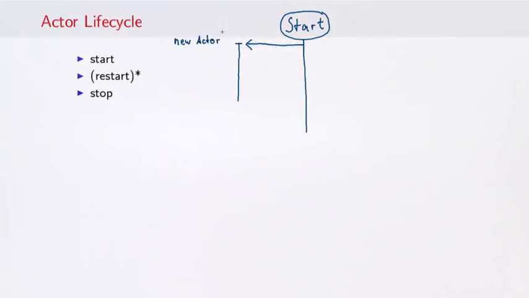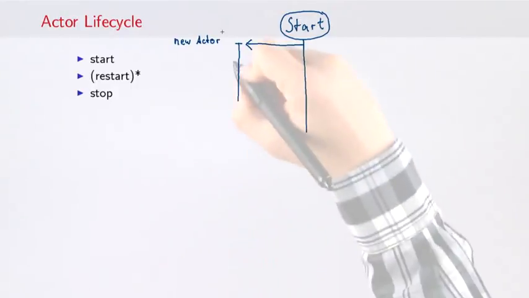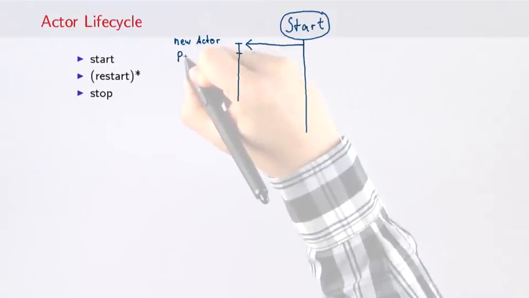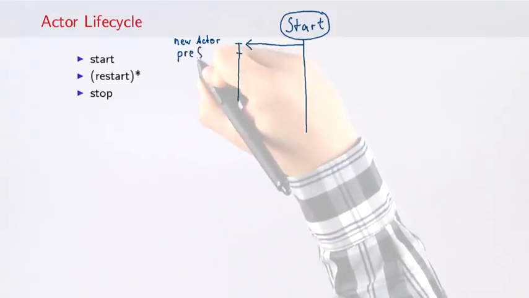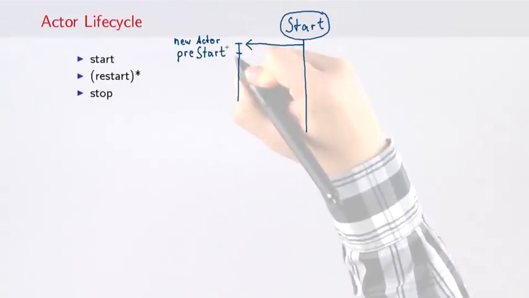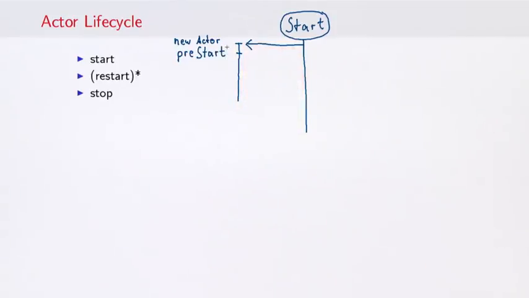This will run the constructor of the actor class. The second step is to run a callback called preStart. This is executed before the first message is processed. Until this point, messages may have already been buffered in the actor's mailbox.